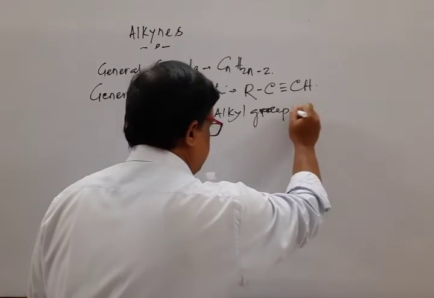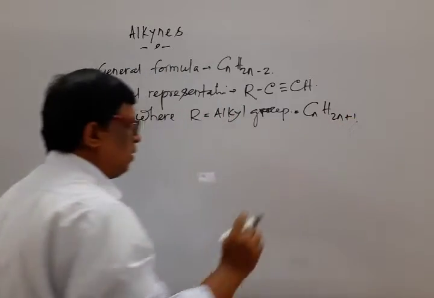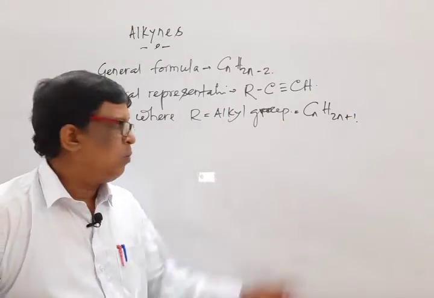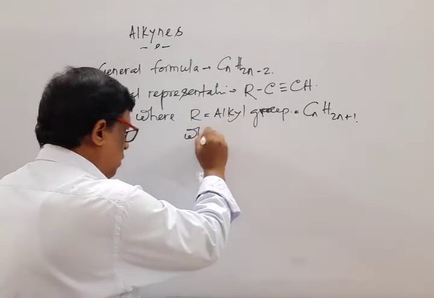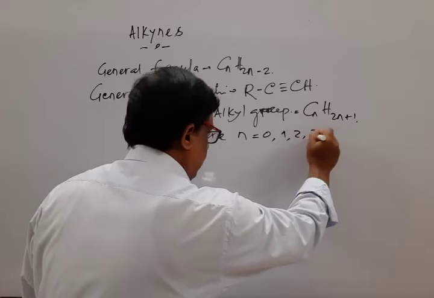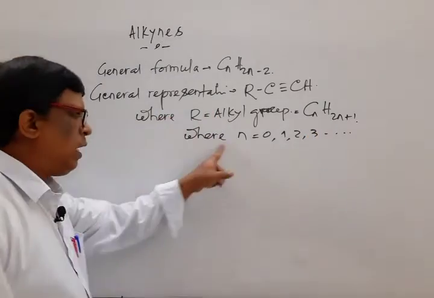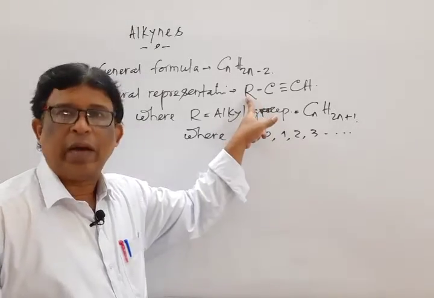Its formula is CnH2n plus 1, where n is equal to 0, 1, 2, 3, and so on. If we put n is equal to 0, then this R becomes H.